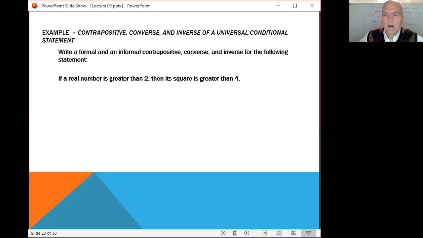So let's get some practice with contrapositive, inverse, and converse in a universal conditional. Write a formal and an informal contrapositive, converse, and inverse of the following statement. If a real number is greater than 2, then its square is greater than 4. So take a minute and write down those example variations of our statement.